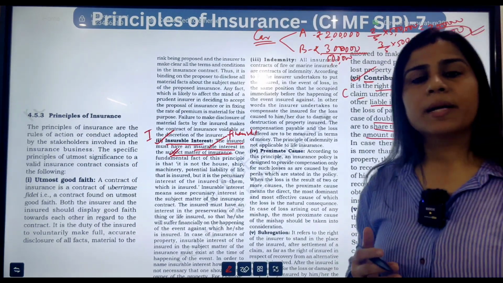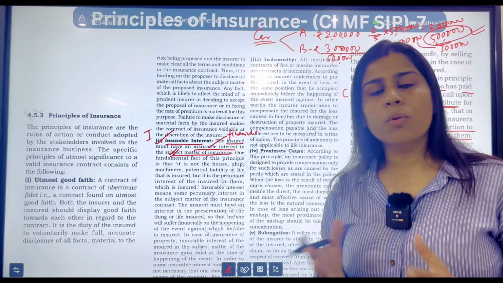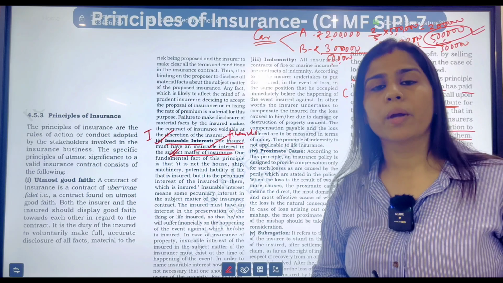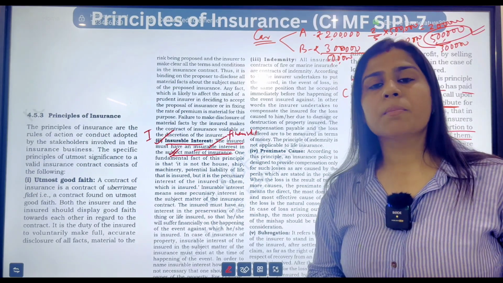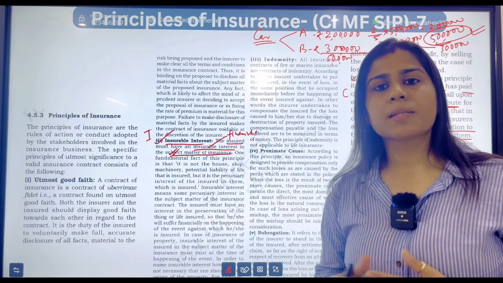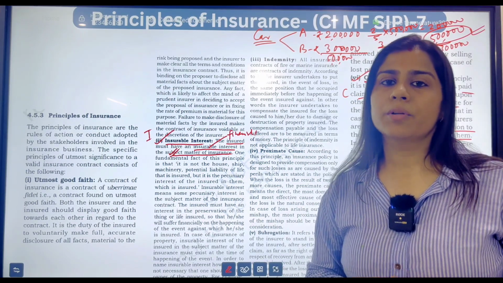Now suppose somebody has given a loan to another person. Though both the persons are not related by blood or in any other way, the lender may take the insurance of the person's car or maybe the property for whom he has lent the loan.